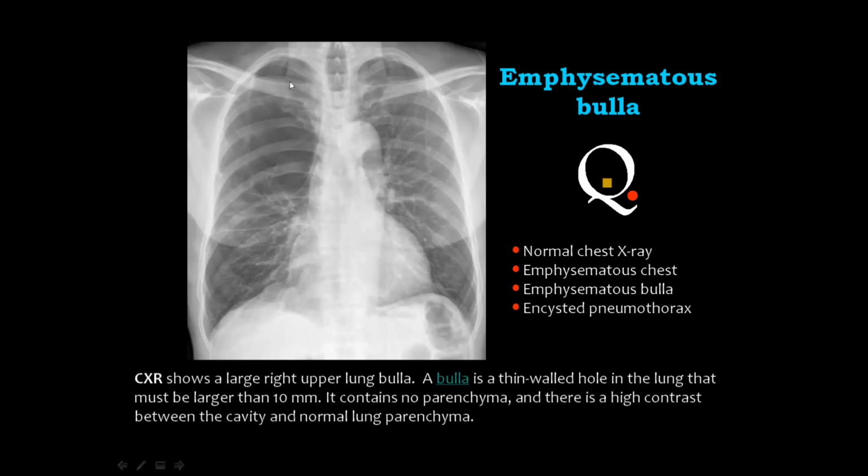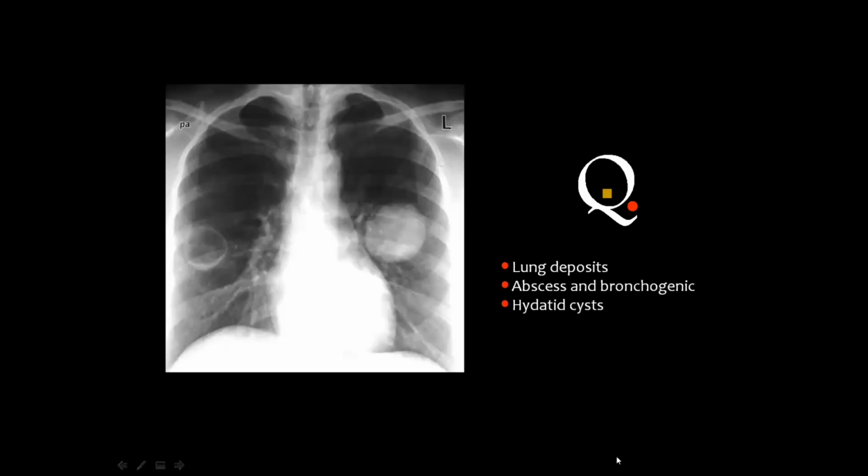The chest is emphysematous, and there is a big bulla with characteristic appearance: very thin margin and radiolucency with no internal air fluid level. Next, two lesions in the lung, and these are the possibilities: lung metastasis, abscess, bronchogenic carcinoma, hydatid cysts. Yes, hydatid cysts.